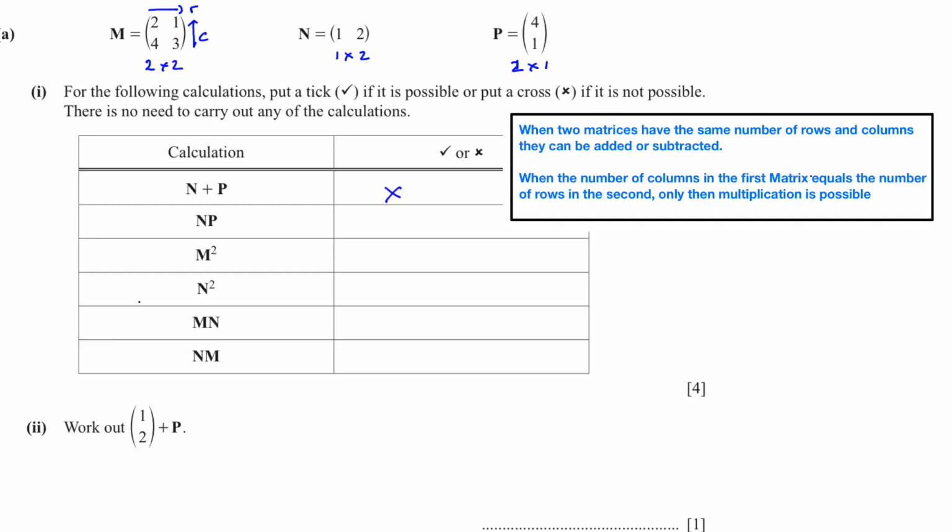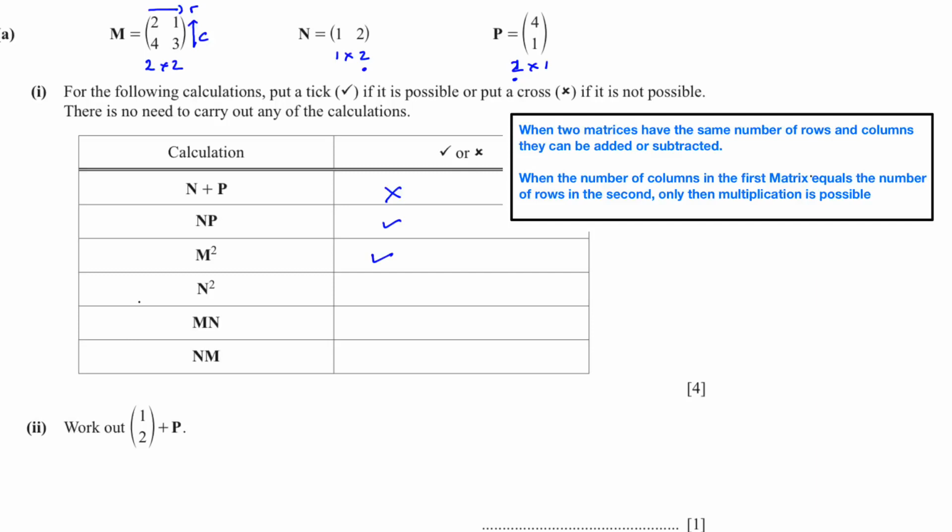So this is cancelled. N multiplied by P, can you multiply N by P? Yes, you can, because the number of columns is the same as the number of rows of the second. M square, you can.